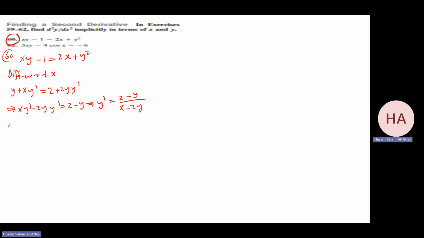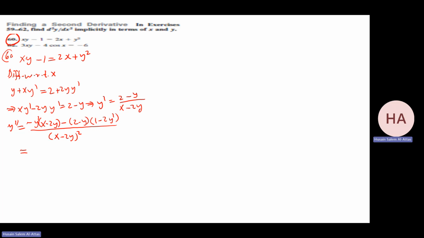Now differentiate for y double prime. It will be what? Quotient. So you have the derivative of the numerator, which is minus y prime, times the denominator, minus the numerator times the derivative of the denominator, 1 minus 2y prime, all over x minus 2y square. Now let us do the calculation.